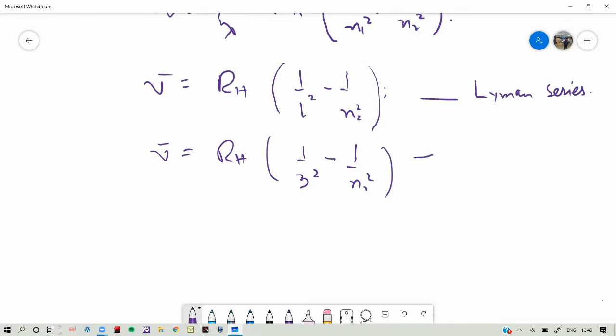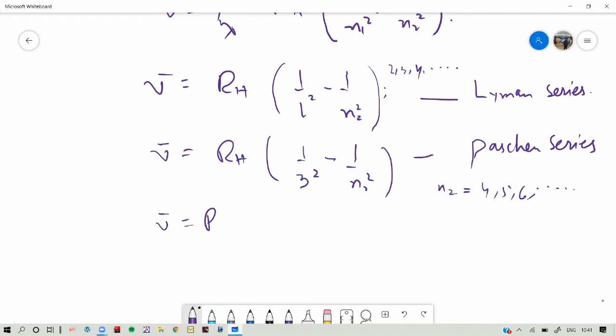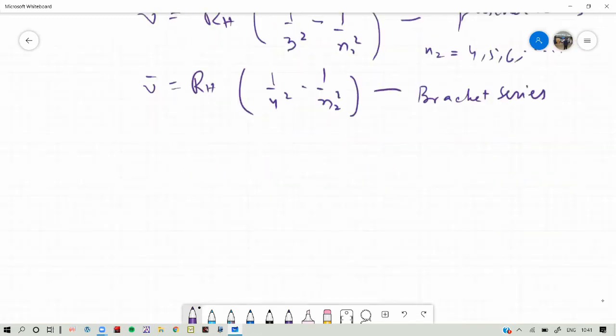n2 varies here. This was the Paschen series, and here n2 is equal to 4, 5, 6, and so on, whereas for the earlier one it is 2, 3, 4. When nu bar equals RH (1 by 4 square minus 1 by n2 square), it gives us the Brackett series. What this means physically, we will verify later and see how Bohr's theory explains it.